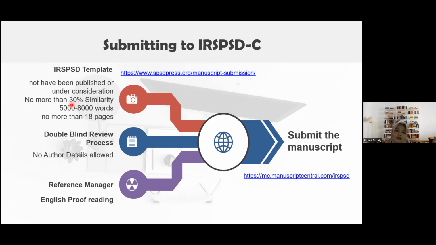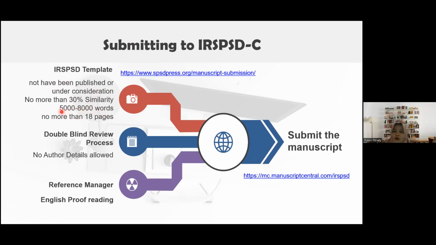The paper we will consider must not have been published or be under consideration in another journal. We will also check the similarity, which should be no more than 30%.